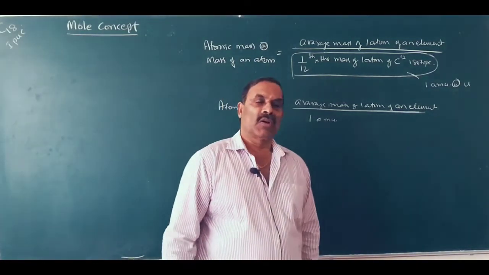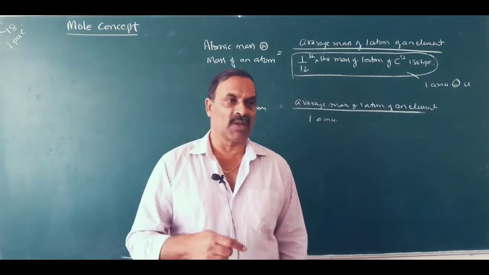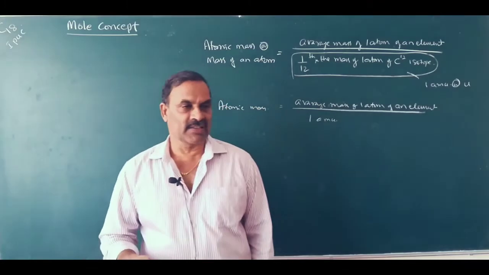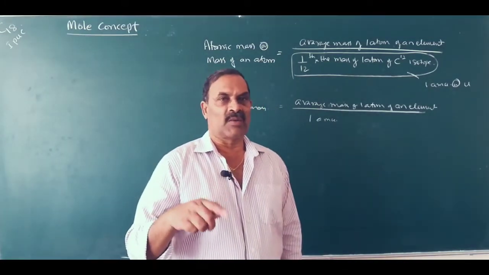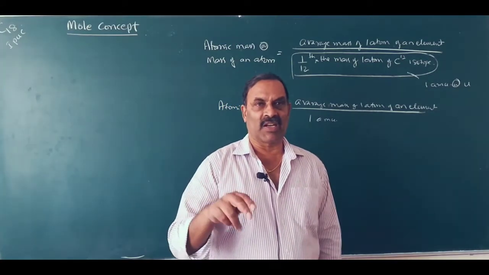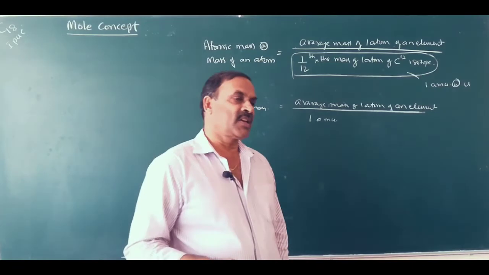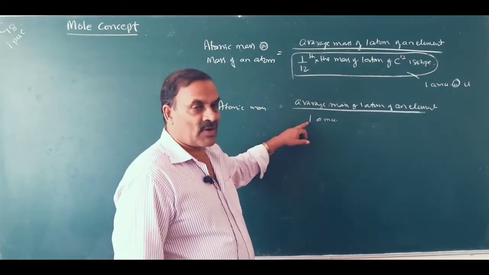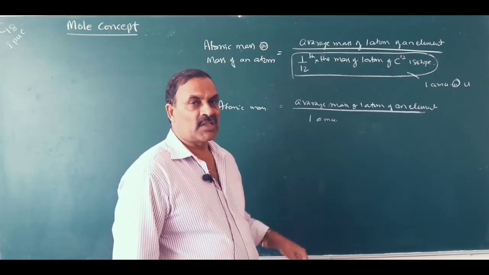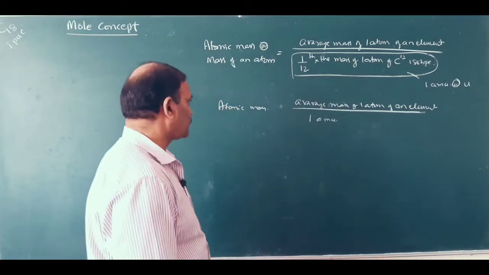For the determination of average atomic mass, I gave you an example: average atomic mass is equal to m1x1 plus m2x2 plus m3x3 divided by 100. Like that we can determine the average atomic mass. So, average atomic mass divided by one atomic mass unit gives the atomic mass of an element.